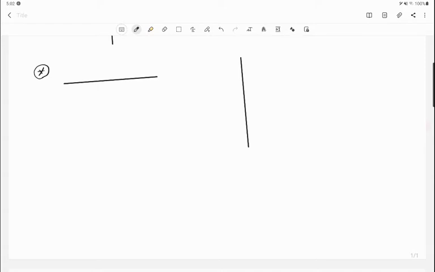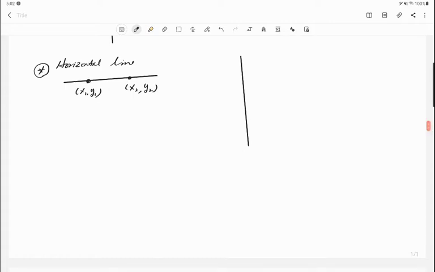Then how about the slope of the horizontal line and the vertical line? Here's a horizontal line, right? For the slope, we can set two points. Let's say this is x1, y1, and this will be x2, y2. Since it's a horizontal line, it has the same y value, right? y1 and y2 are the same value.